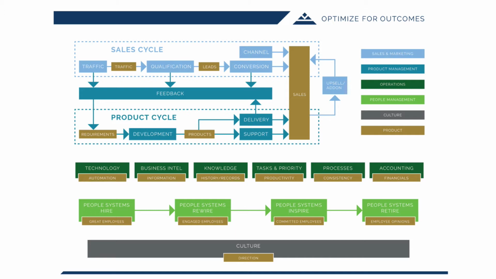So as an example, we have several systems around people management and hiring employees and how you bring them in, how you manage them once they're in, and how you eventually exit them because they leave, because they retire, because they just don't work out, etc. If you're a solo entrepreneur, obviously those systems are less important to you today.